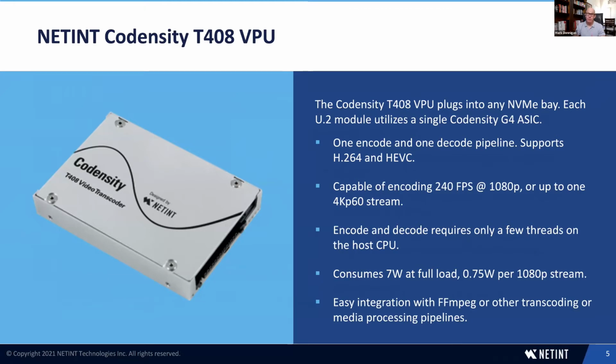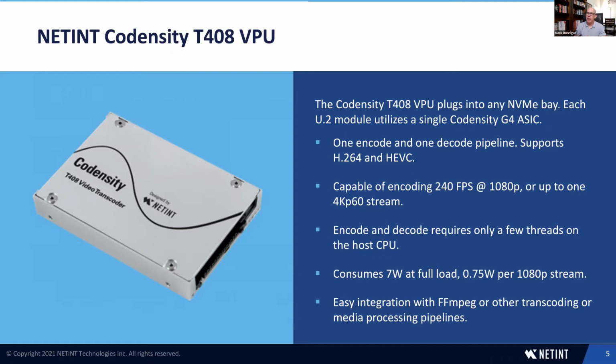The same form factor, it's a U.2 module. If you have a server with all of the NVMe U.2 slots accessible right from the front, you don't even have to unrack the server to upgrade your entire encoding operation from software to ASIC to this solution.